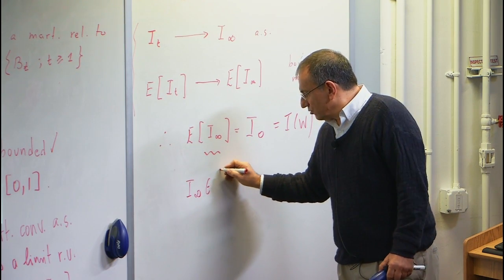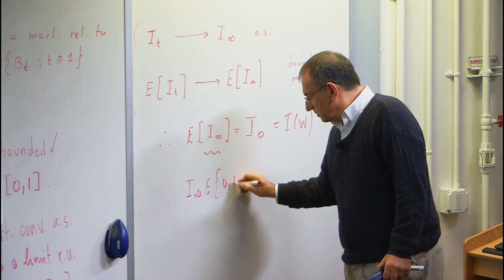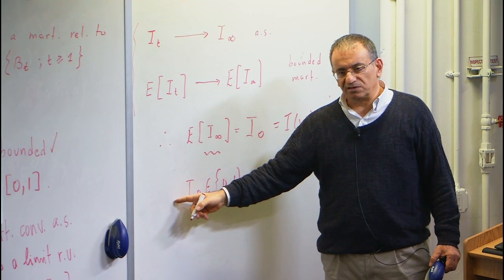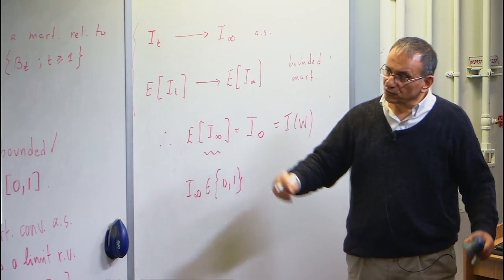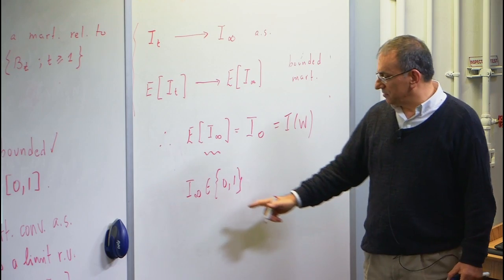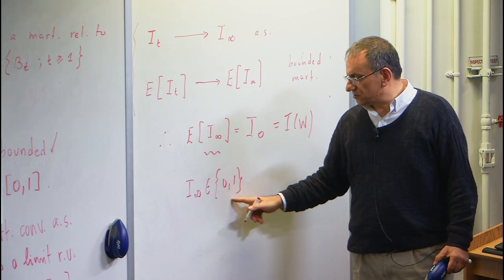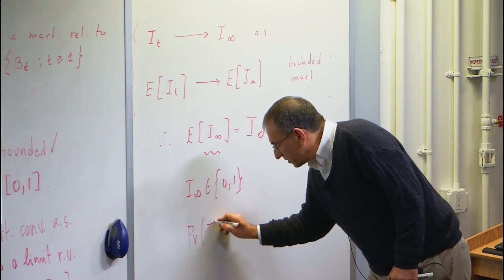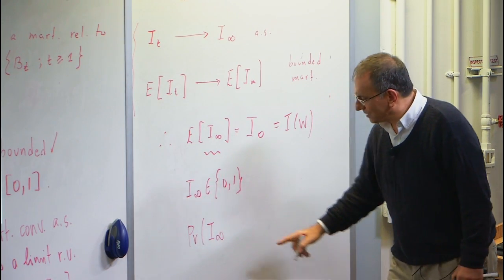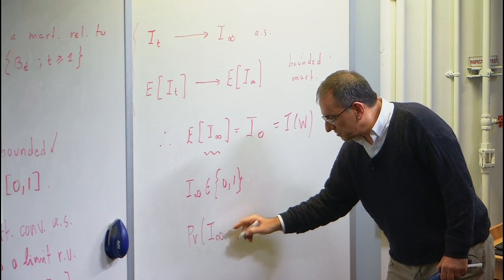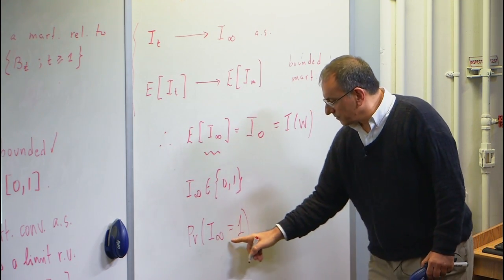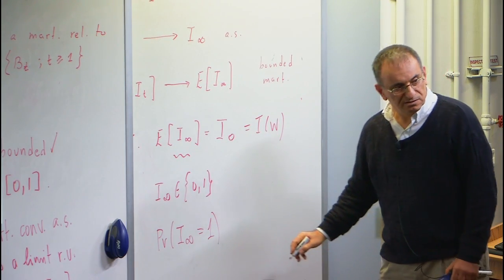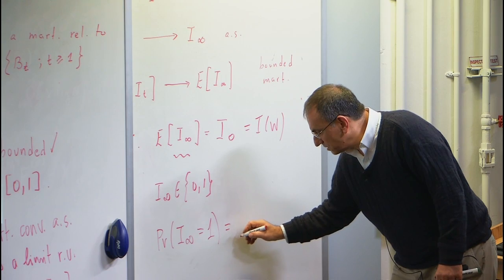So by that argument, because there is extremization in each step, the limit here has to be 0,1 valued. And the fraction of channels which are converging to perfect channels is this number: the probability of I_infinity being equal to 1.